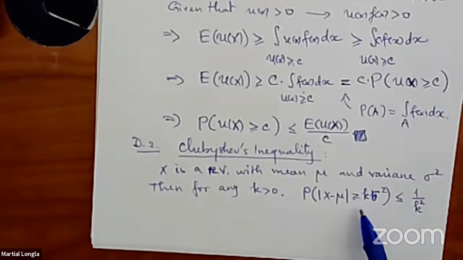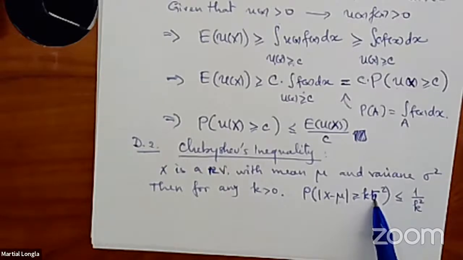This is used in statistics a lot to approximate probabilities. So mu is the mean, sigma squared is the variance.